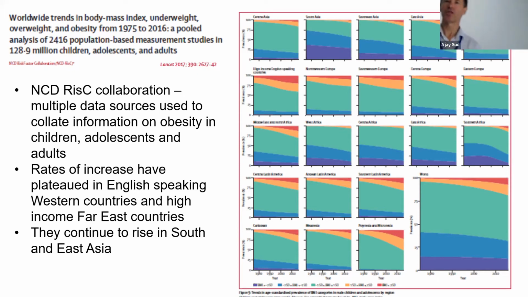And what we've seen is that in the Western world, so this would include us in Europe, in North America, and in some of the higher Far East countries like Singapore, for example, we've tended to see a plateauing in that increase. We maybe have reached a plateau. But in other parts of the world, particularly Southeast Asia, but also now increasingly in Africa, in sub-Saharan Africa, where the health services are really not geared up to deal with the complications of obesity.